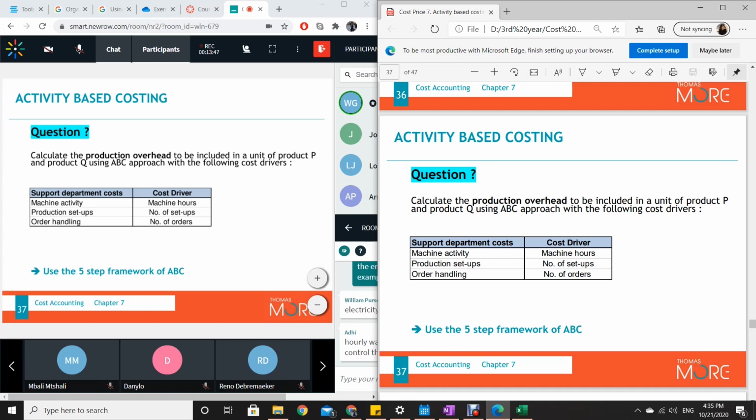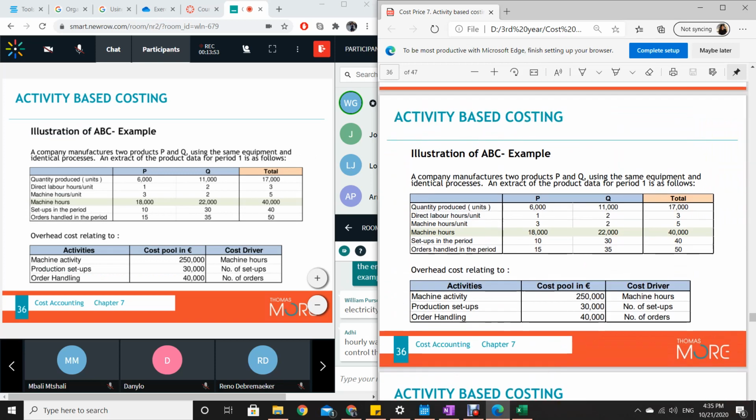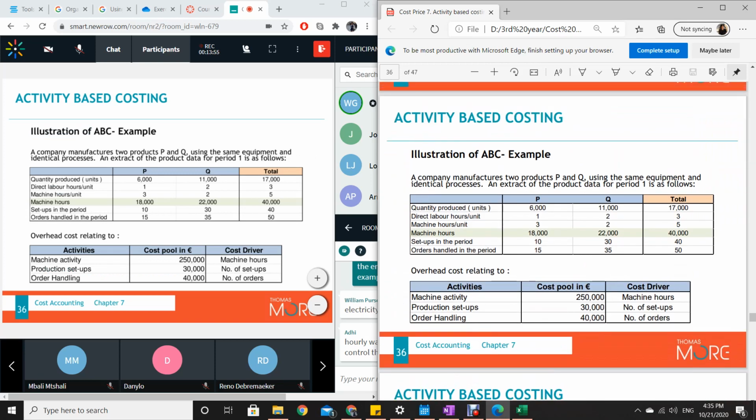At the end, from these cost pools of 250,000, 30,000, and 40,000, so in total 320,000 euro overheads, we get to say, in a reasonable way, how many euros we will add to product P, and how many euros we will add to product Q. And we will do this step by step for each activity using the cost driver.